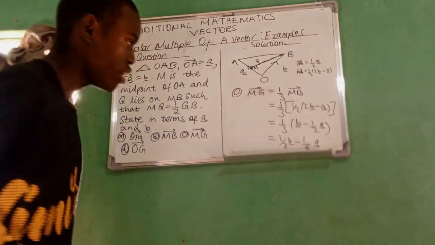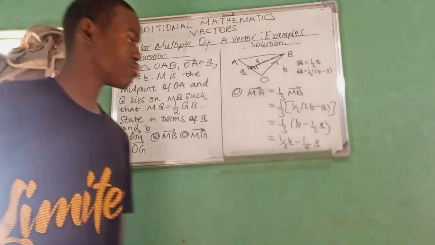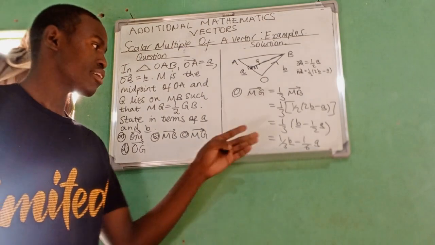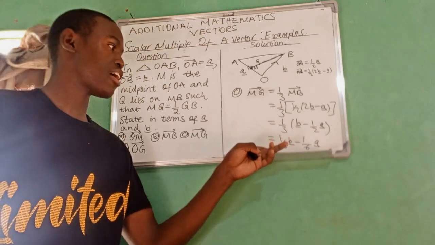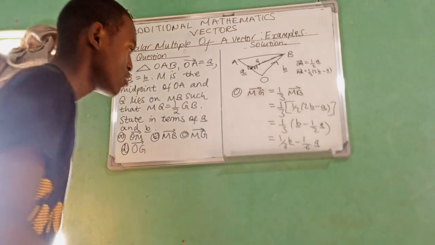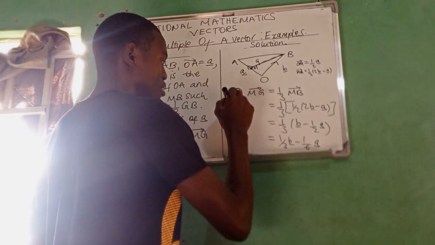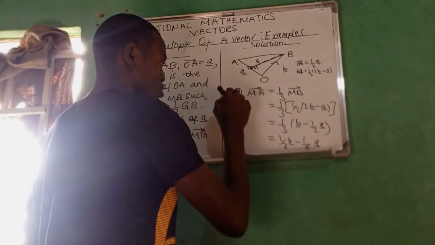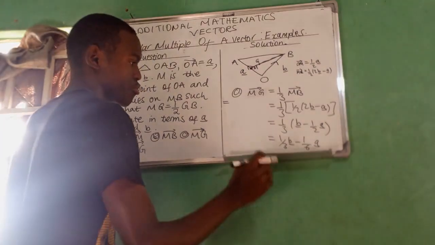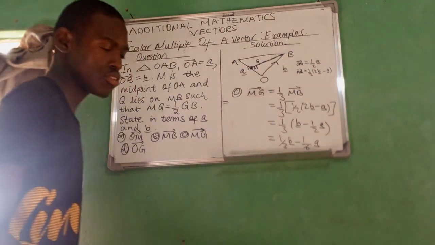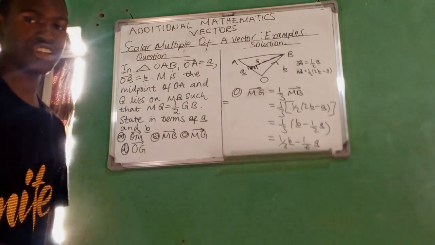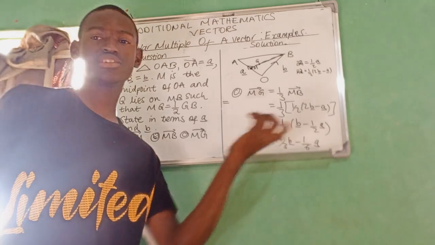In additional mathematics, we never leave our answers like this. We always have to simplify when finding our final answer. There's 1/3 and there's 1/6. How do you know which of these 2 fractions is the smallest?